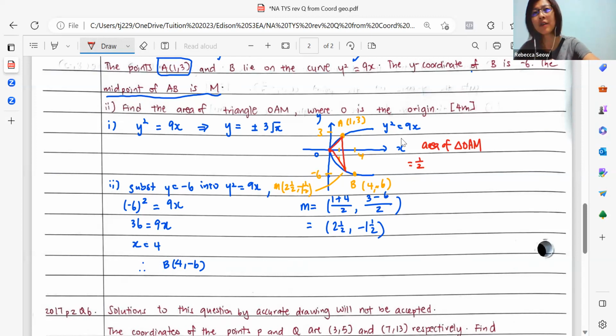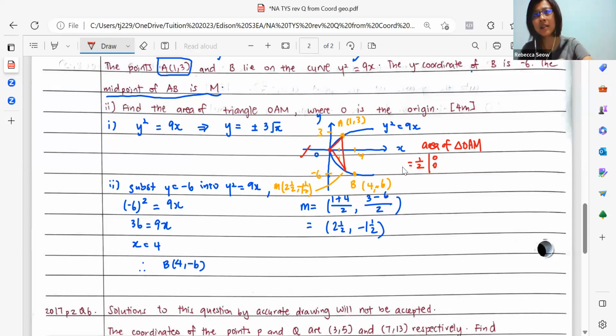Let's start from O. You list down the coordinates and we go in an anti-clockwise manner. After I have put the coordinates for O down, the next one will be B. B is (4, minus 6). Oh, sorry, I got this wrong.